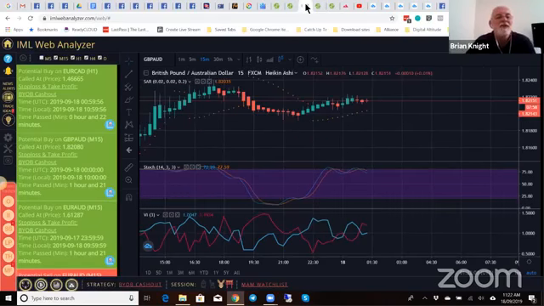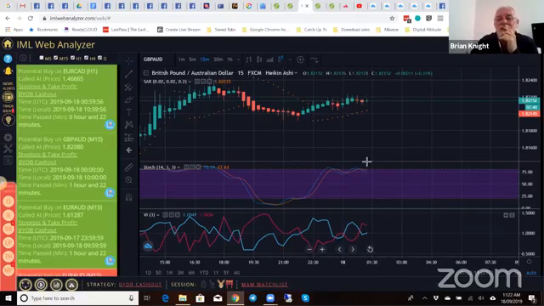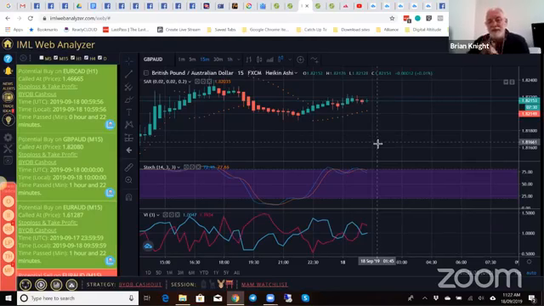GBP AUD. Again, this is red's come over the top, blue below, and these are starting to come back towards each other. So there will be an opportunity. It's whether there is enough in that movement down, whether there's enough angle that it will occur on this currency pair.